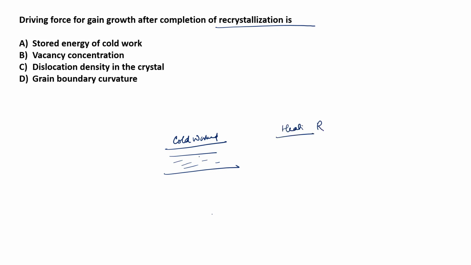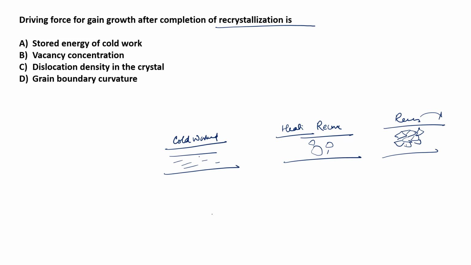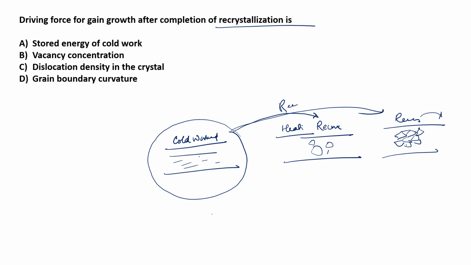The first step is the recovery, then second is the recrystallization, where we have some new grains. Now after this, what is the energy that will drive the growth of the grains? Stored energy of cold work, no, because the stored energy of cold work has helped in the recovery and the recrystallization.